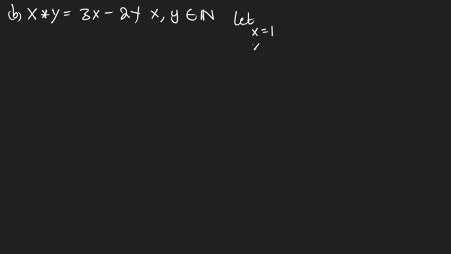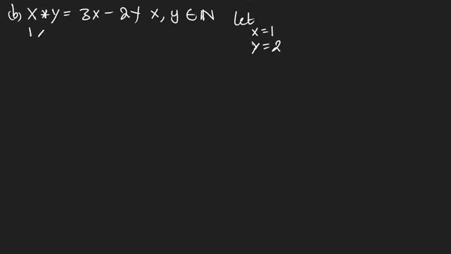B is saying we define x star y equal to 3x minus 2y, where x and y must be members of the natural numbers. So for this one, we can do the same. We can say let x equal 1, then y is going to equal 2.